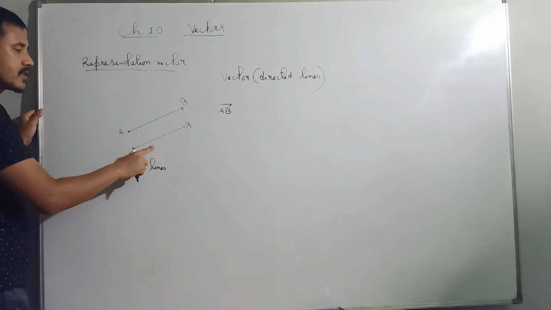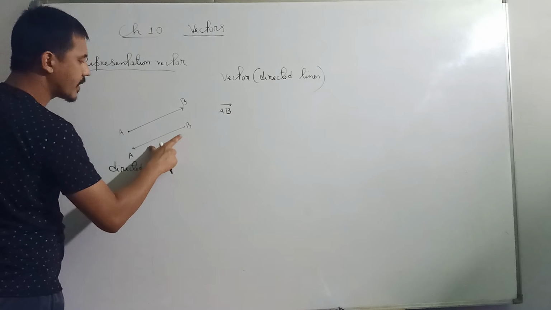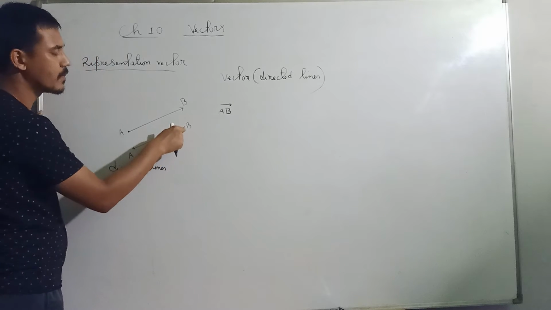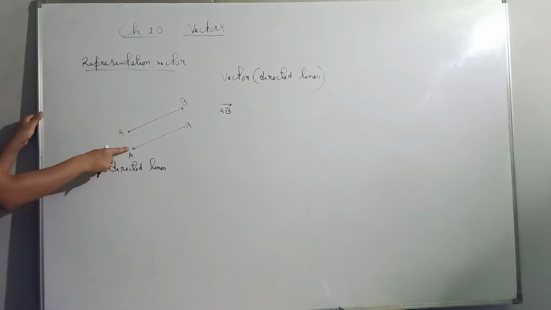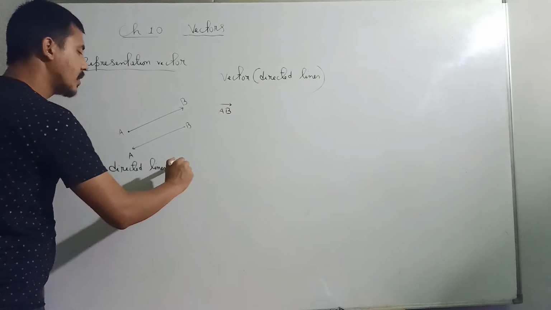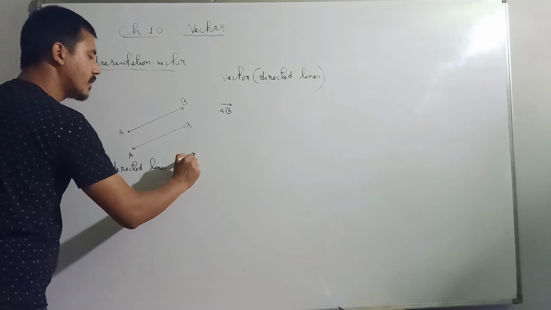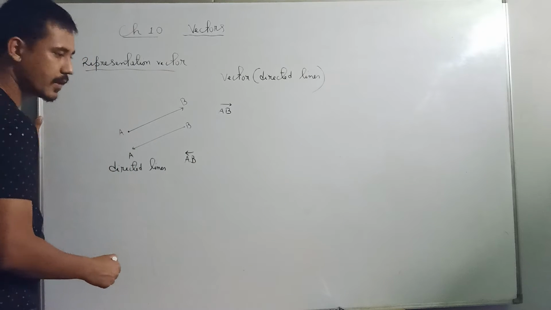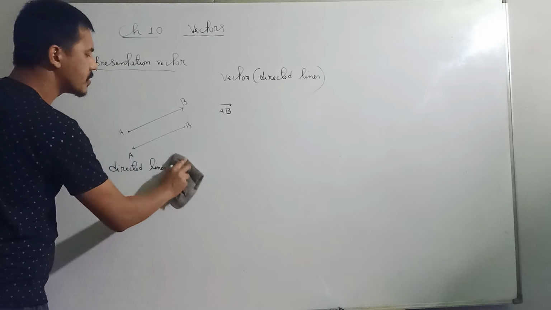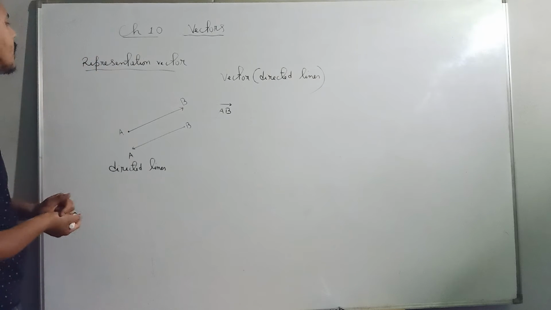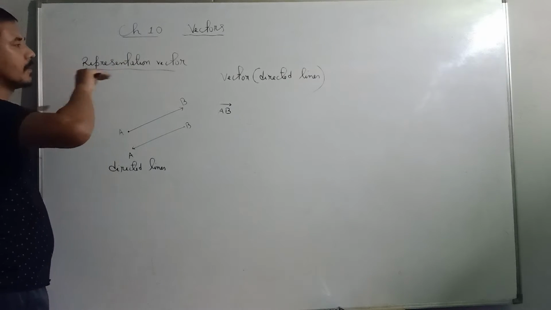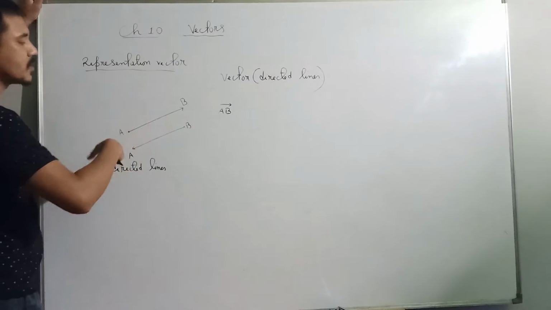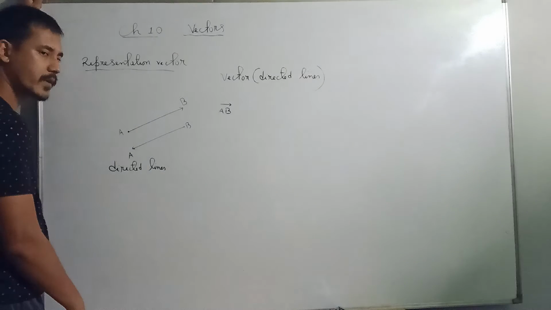Suppose in the second case, this directed line starts at B. B is the initial position and A is the terminal position. You cannot write A, B and direct it towards it. You cannot write in this way. When you denote a vector, the arrow should always point towards the right side. But you have to write which one is the initial position and which one is the terminal position.